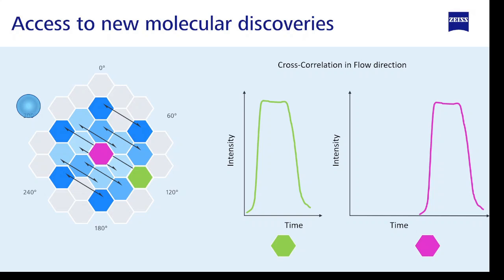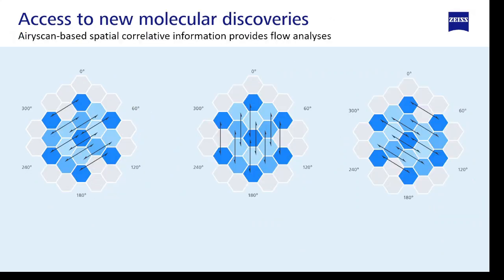We will do this cross correlation for one pair in both directions, but only in the flow direction will we have this time-delayed cross correlation. And we will do this cross correlation along 3 axes, and for each axis we will have 9 pairs.